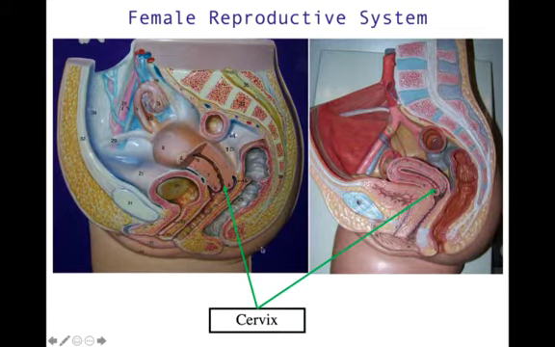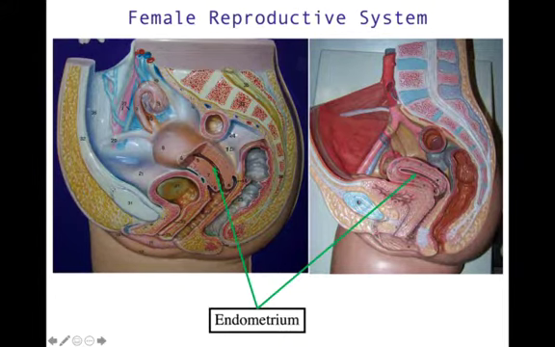So let's find these things on a model. Here's the vagina, here's the opening into the uterus. Well, that's the cervix right there. Same thing here. Here's the vagina, here's that opening to the uterus. Well, this is the cervix on that model. Now the inner lining here in kind of a pink color, that's the endometrium.